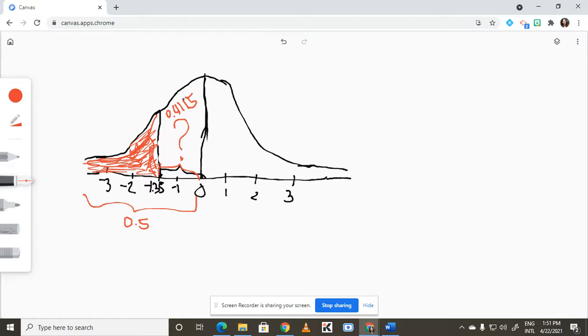So, anong gagawin natin? Tanggalin lang natin to. So, pag tinanggal natin to, ano yung matitira? Itong part na to. So, ibig sabihin, ano yung magiging probability notation natin?